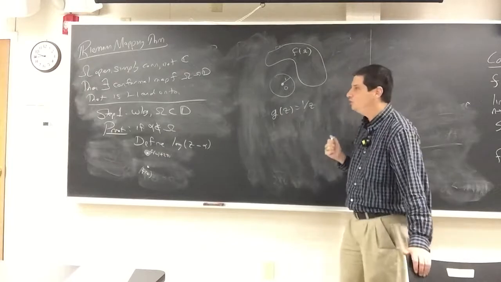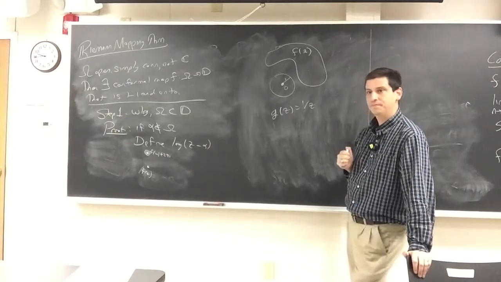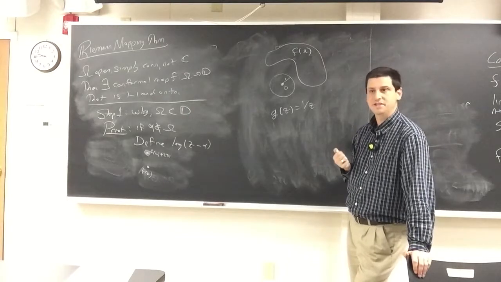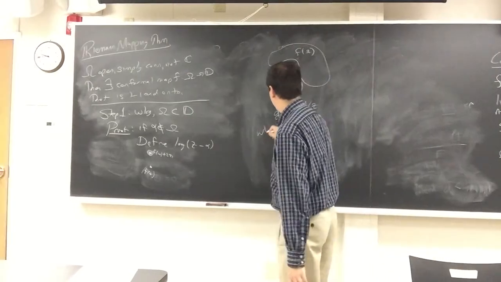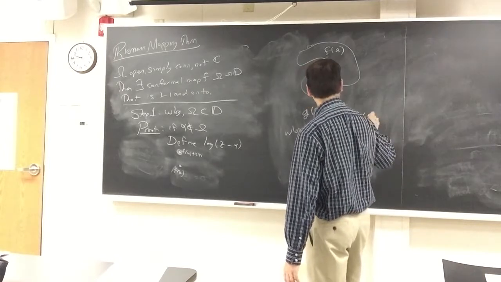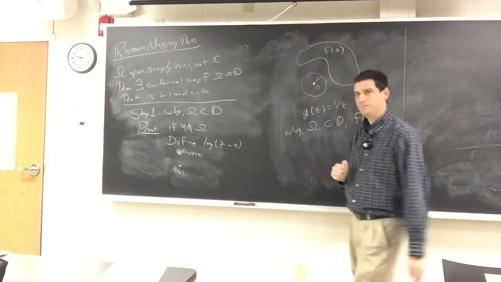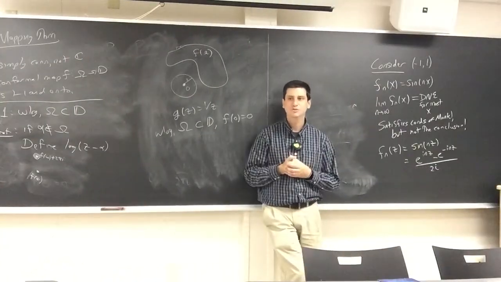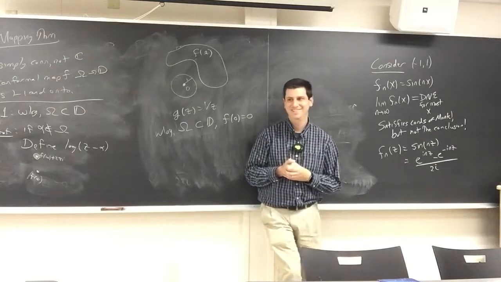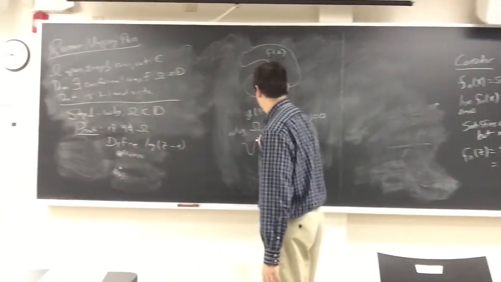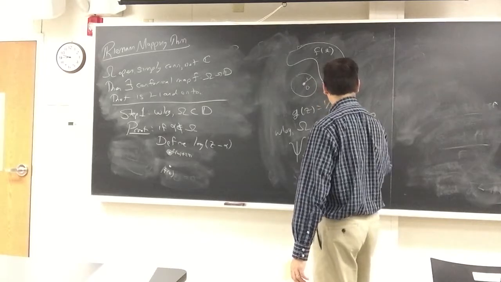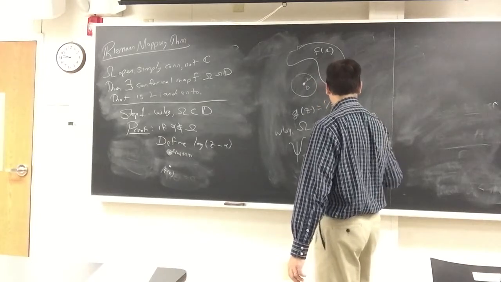So we can now assume that our omega lives inside the disk. So without loss of generality, omega is a subset of D, and we can assume f of 0 equals 0. How do we assume f of 0 equals 0? What if f of 0 was not 0? Yeah, we use these, C alpha of z is alpha minus z over 1 minus alpha bar z.